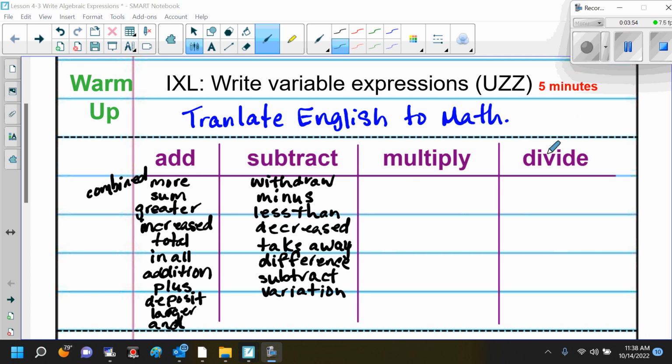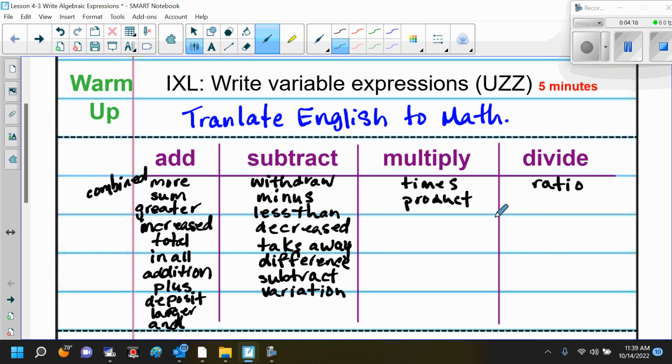All right, so moving on to multiply. What words tell us that we need to multiply? Times. Good. Product. Good. Ratio? I think ratio would be division, so let's do ratio over there.